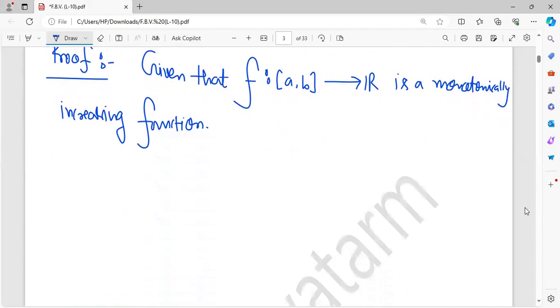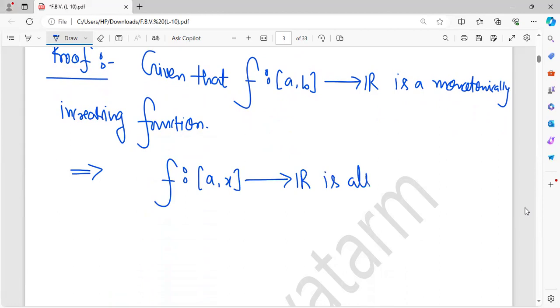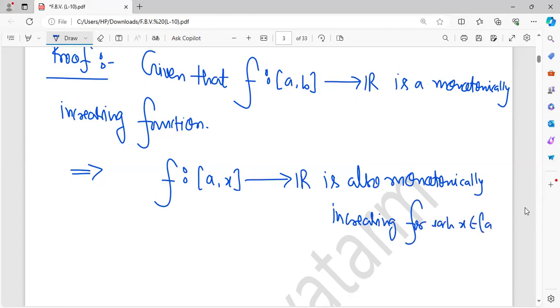So it is given that the function is of bounded variation. So this implies f on the closed interval [a, x] is also monotonically increasing for each x belonging to [a, b].